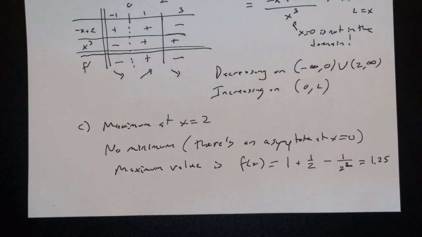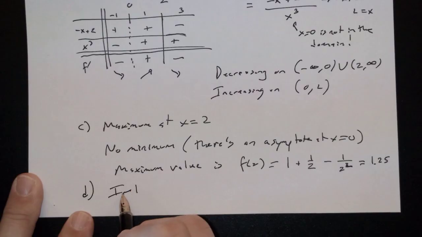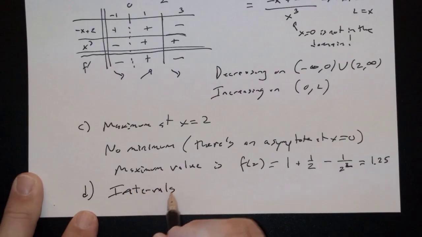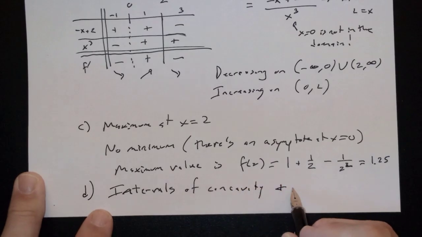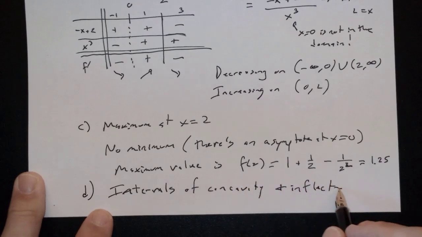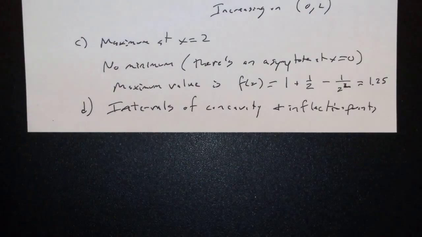Part D, concavity and inflection points, right? To do concavity, what do I need? Second derivative. Which means I need my second derivative.